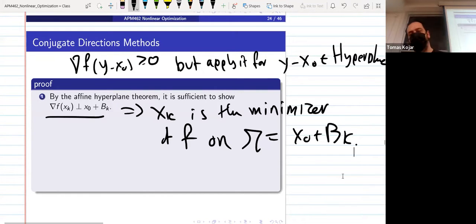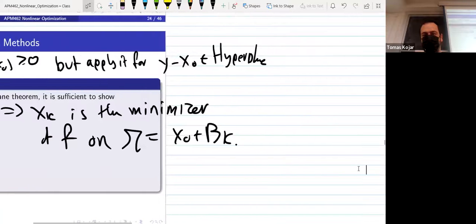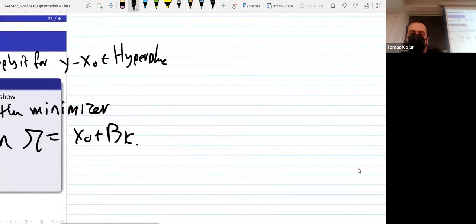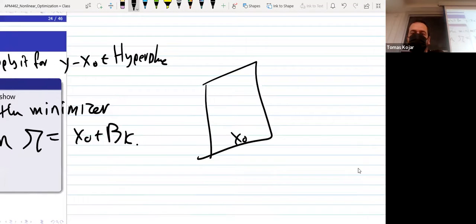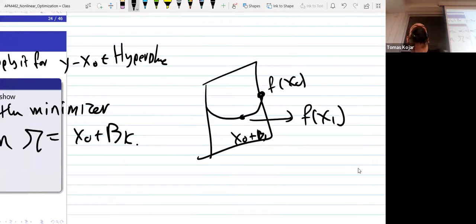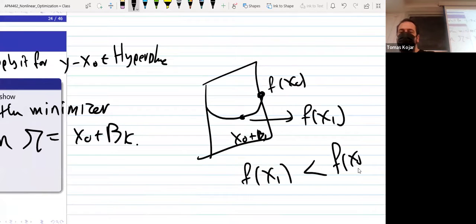So in other words, going back to the pictures, here's what happens. We drew this plane, x0 plus b1, and the function does something like this. This is the x0, so if you like the f of x0, and this guy here is the f of x1. So this method proves that f of x1 is smaller than f of x0 because it's precisely the minimizer. Is that okay?